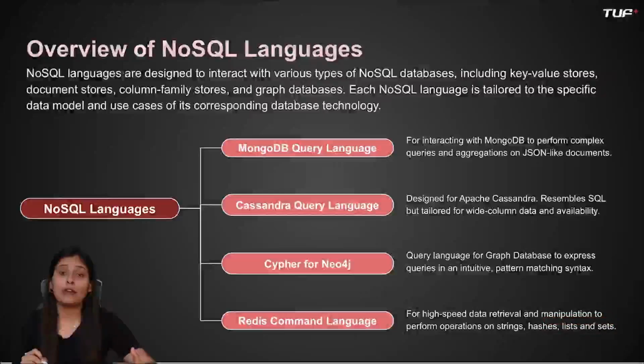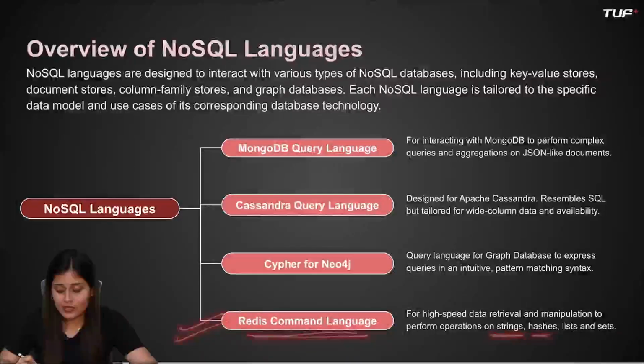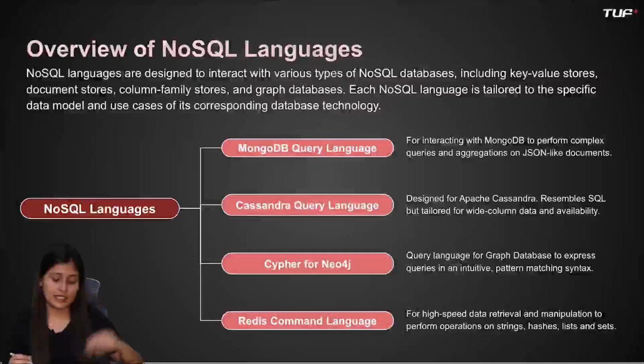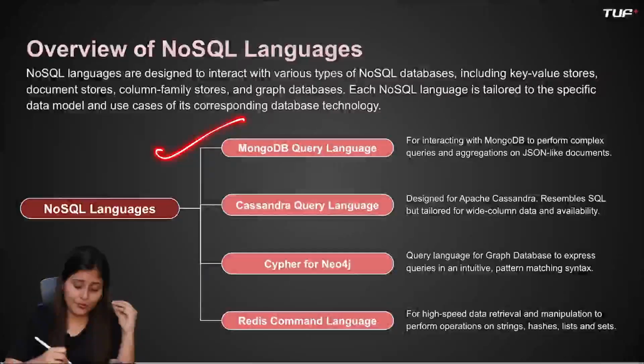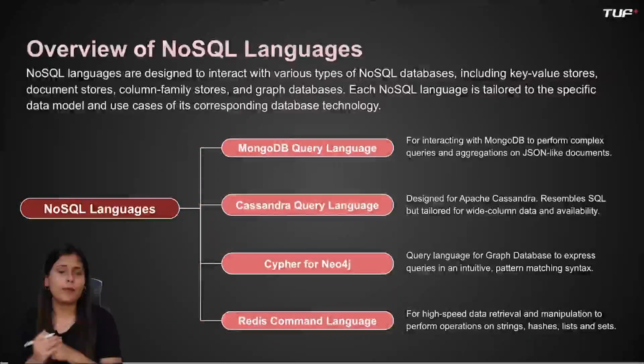So when we need the data retrieval or manipulations to be fast, we go for Redis command language, and basically we operate on different strings. Like Redis database operates on different string hashes, lists and sets basically. Okay, so these are the four basic types of NoSQL languages, and we will be learning about each type in detail one by one.